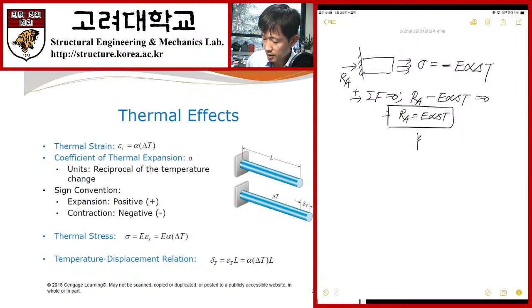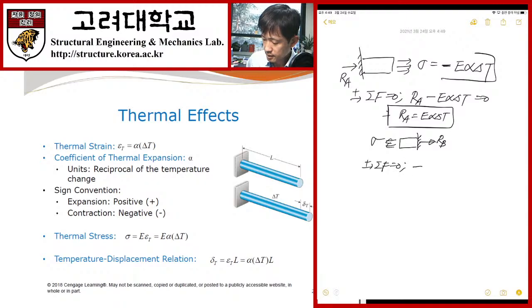So if you check the other part, now I have part of the structure like this, and then we have RB, and then this is my stress sigma. The sigma is given here. Okay, so let's consider the force equilibrium.